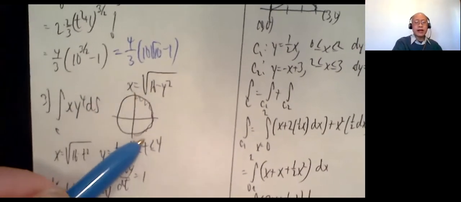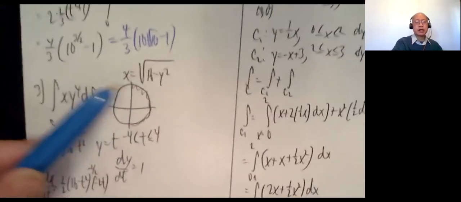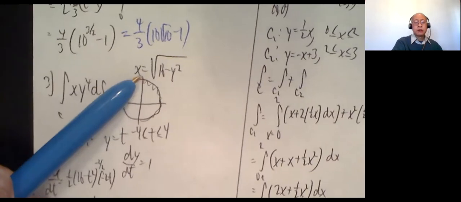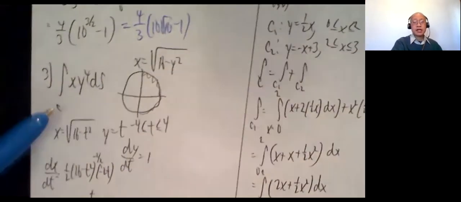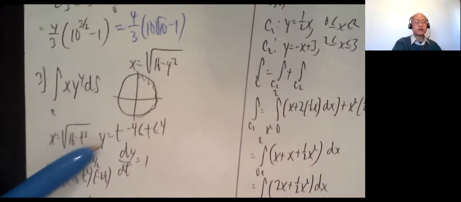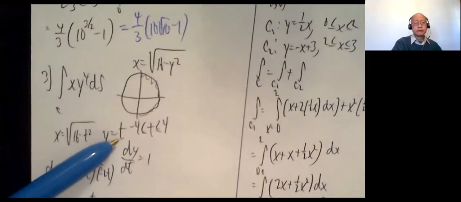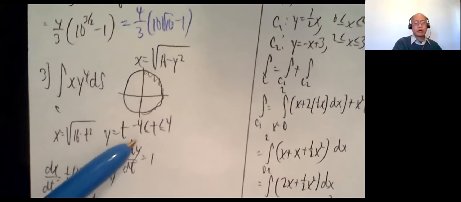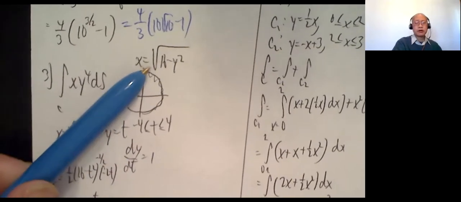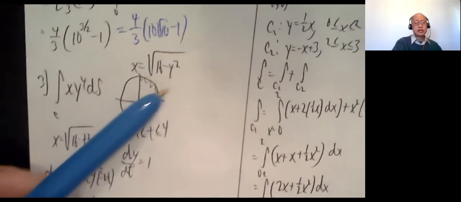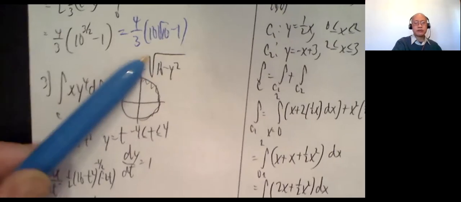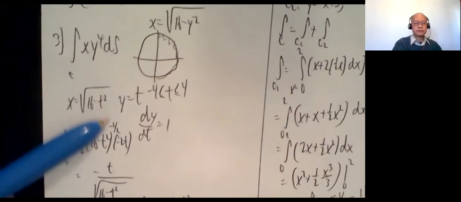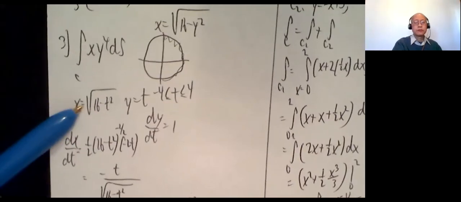All right, if I want the right half, that's x equals radical 16 minus y squared. If I want to write it parametrically, I can just let t equal y, then x equals radical 16 minus t squared, and t goes from -4 to +4.